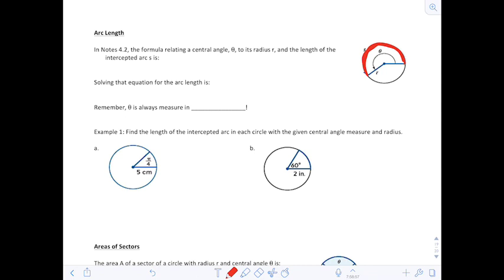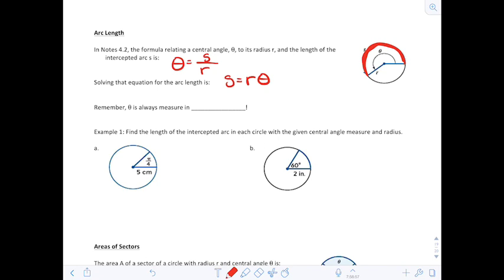In 4.2, we had a formula that related the central angle theta to its radius r and the length of the intercepted arc. And if you remember, we said that theta was equal to the ratio of the arc length over radius. So if we actually want to solve that so that we can find arc length, we would multiply both sides by radius, so we could say that s, or arc length, is equal to the radius times theta.